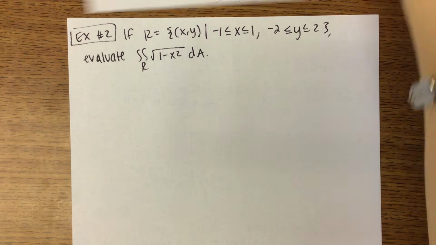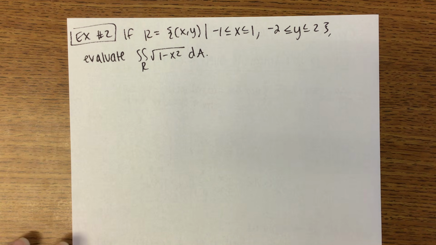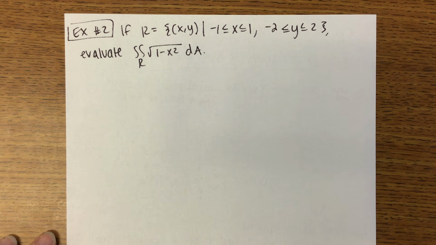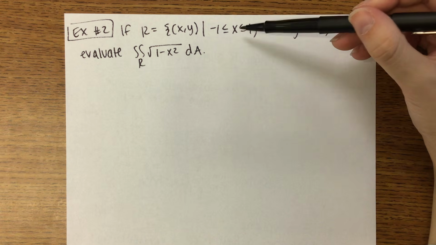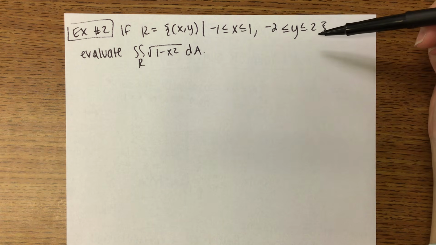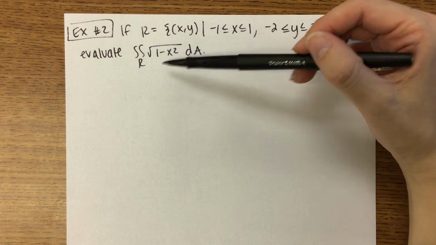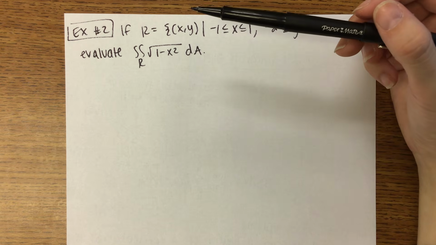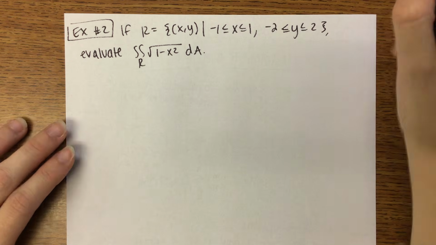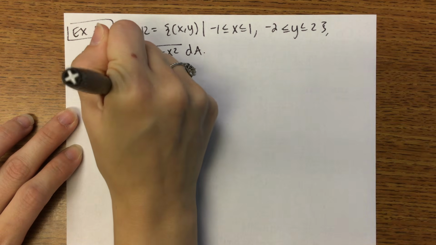It might not always be R. I think your book sometimes uses D, sometimes it uses E, so it might be a different letter each time. So this is saying the rectangle is when X is between -1 and 1, Y is between -2 and 2. We need to find the volume of this surface. Okay. This tells us that Z is the surface square root of 1 minus x squared.